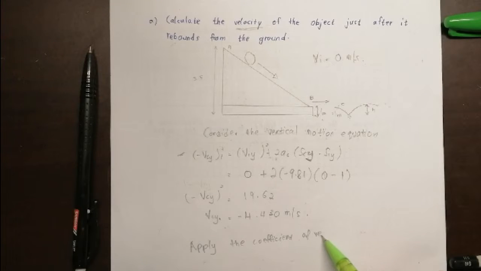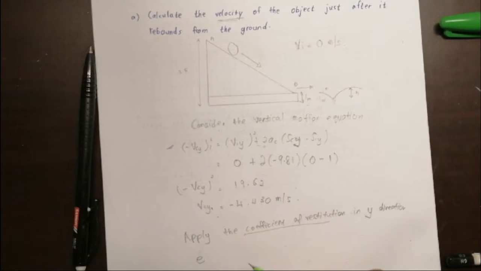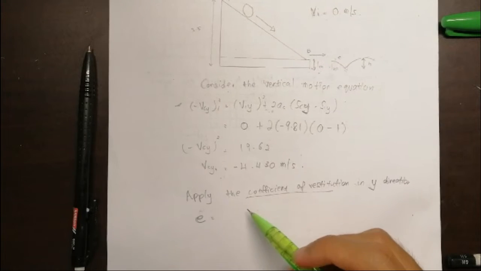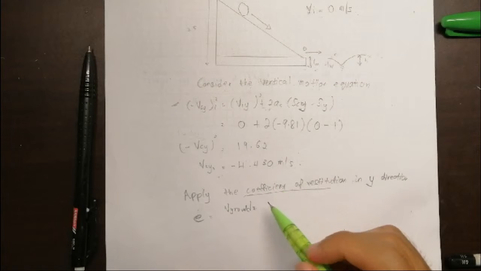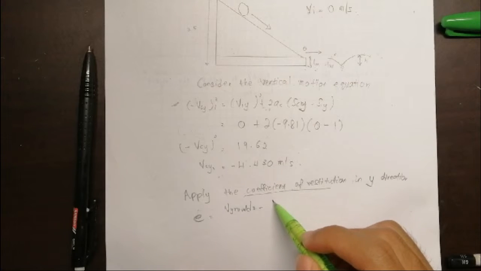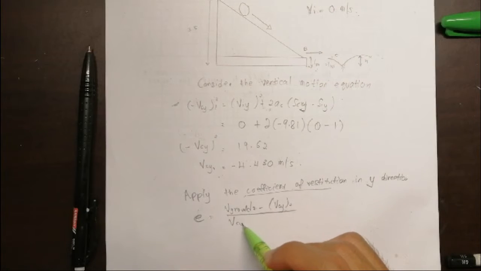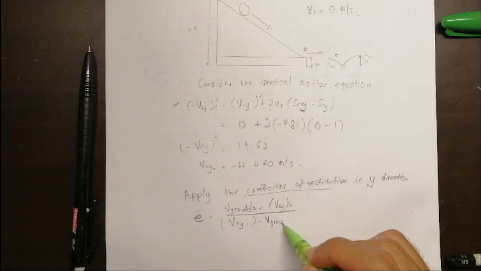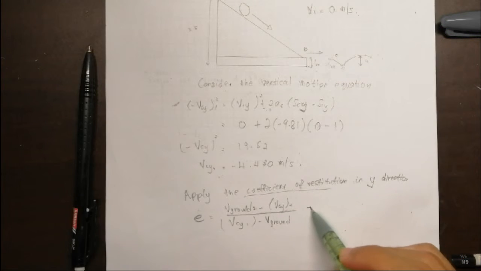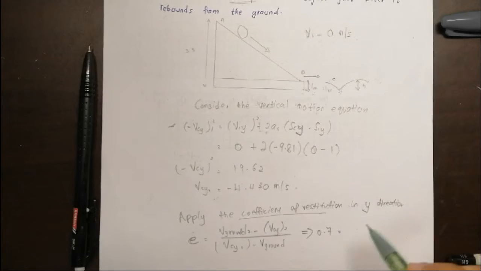Next, we have to apply the coefficient of restitution in the y direction. For this formula, we know that e is equal to (v ground 2 minus vCy2) over (vCy1 minus v ground). So we substitute the values into the equation.